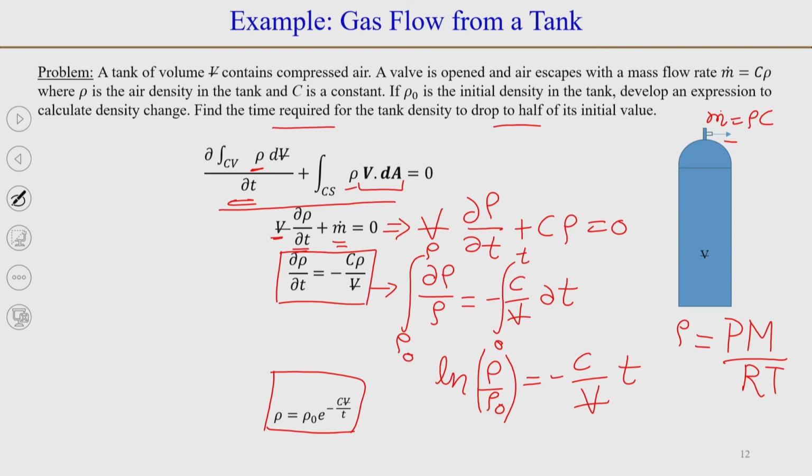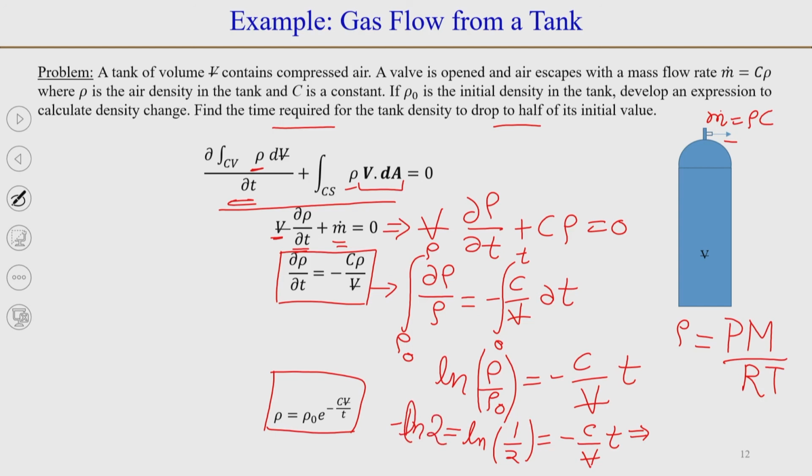Now, you can find out the time that will be required for it to become 50% by substituting that rho is equal to rho naught by 2. So, you can write that rho by rho naught is equal to half. So, ln 1 by 2 is equal to minus C over V t, or we can find ln half is equal to minus ln 2.